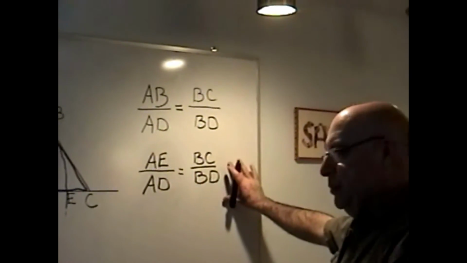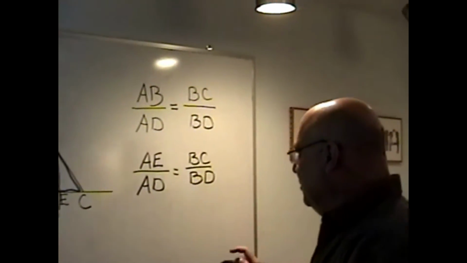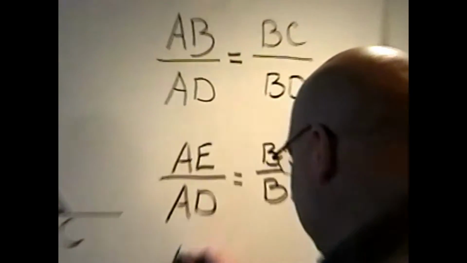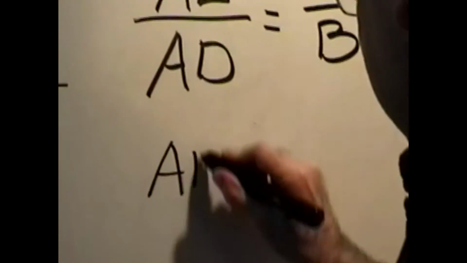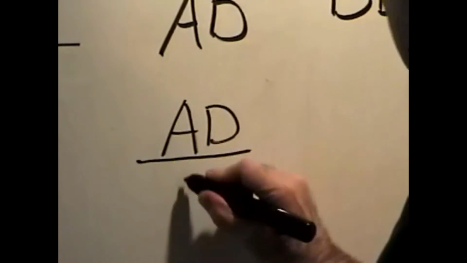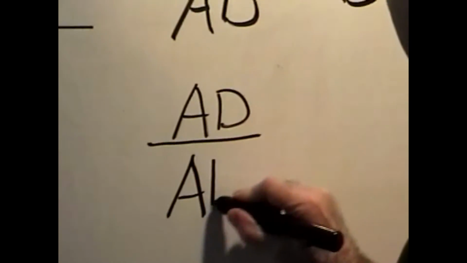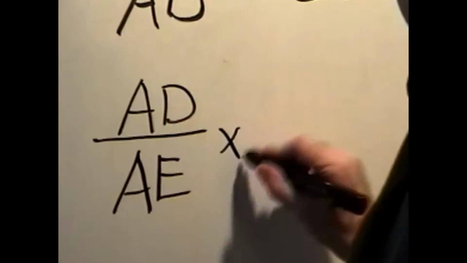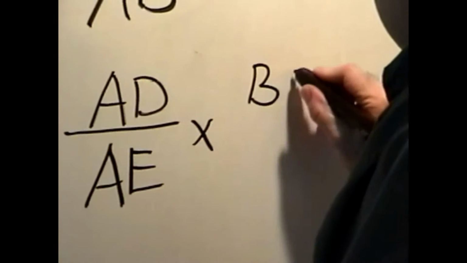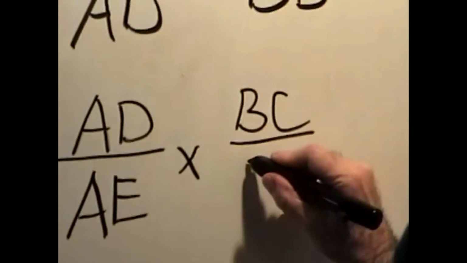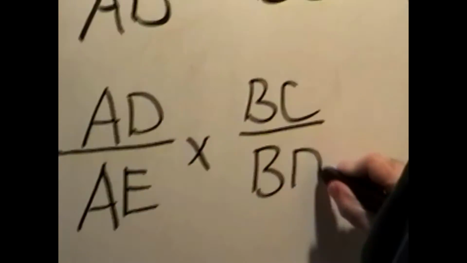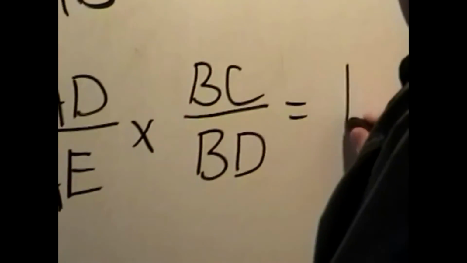And simple algebra allows us to rewrite this to say this. AD over AE times BC over BD is equal to 1.